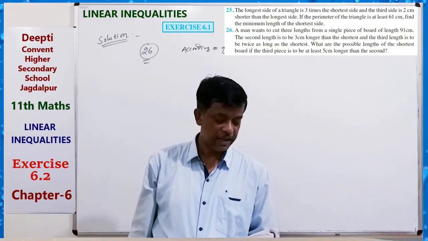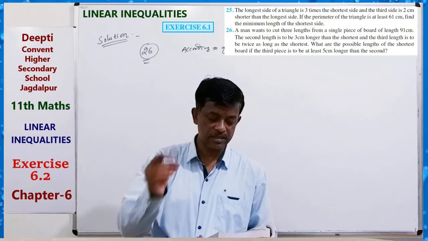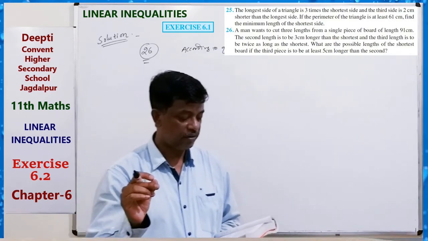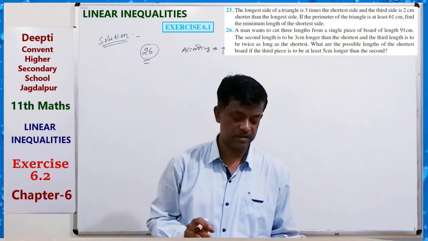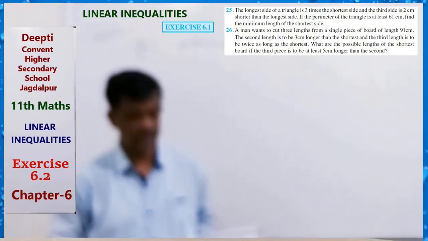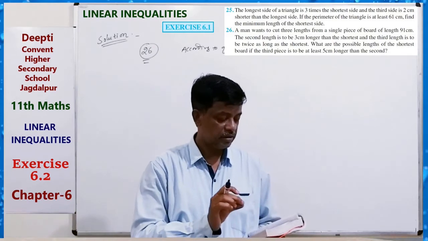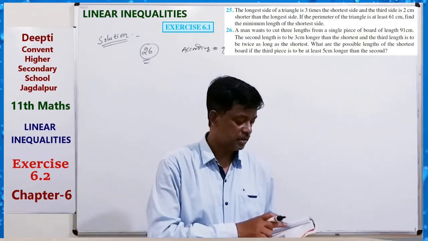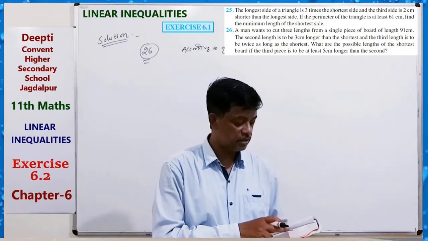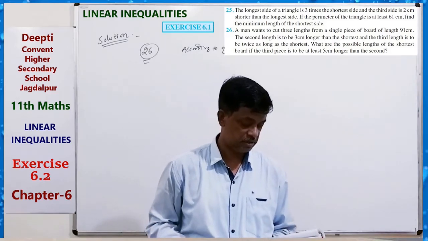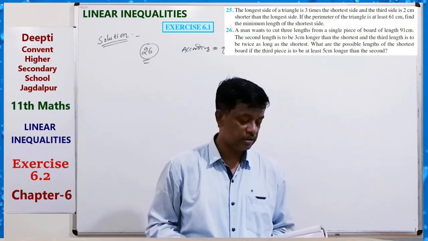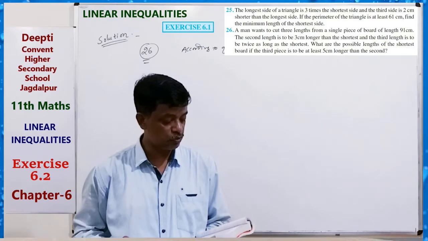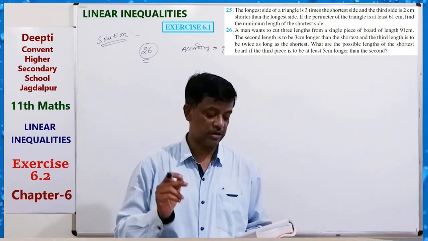A man wants to cut 3 lengths from a single piece of board of length 91 centimeter. The total length is 91 centimeter. The second length is to be 3 centimeter longer than the shorter, and the third length is to be twice the shorter.